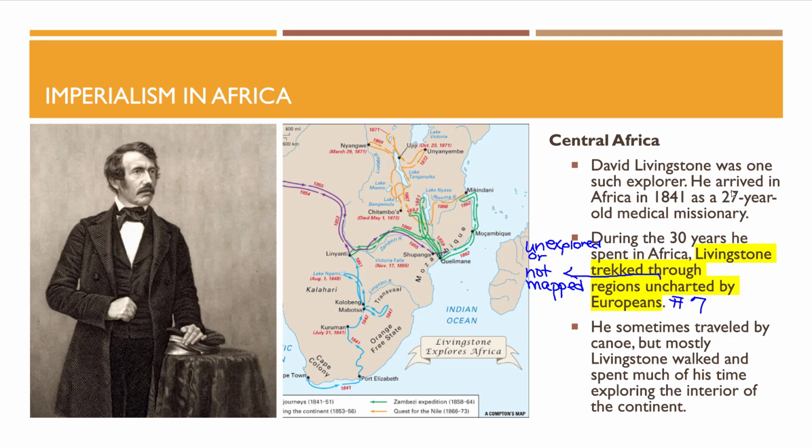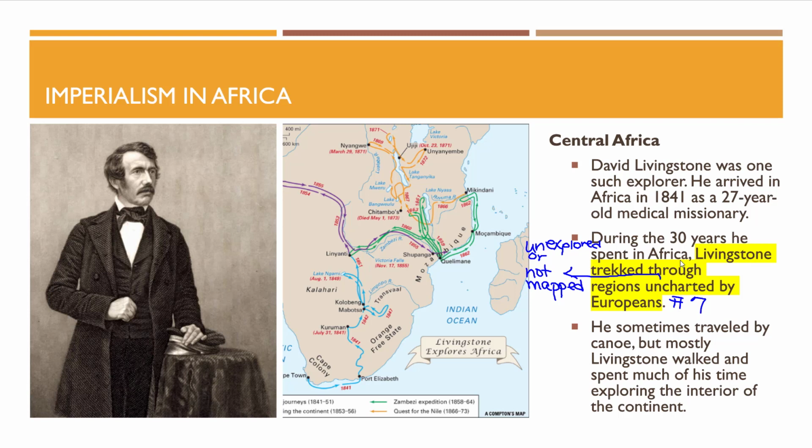All right, number 7. Dr. David Livingstone was a 27-year-old medical missionary, so he would travel to Africa often. He became known as an explorer, and he explored areas in Central Africa that were not explored by any Europeans at that time.